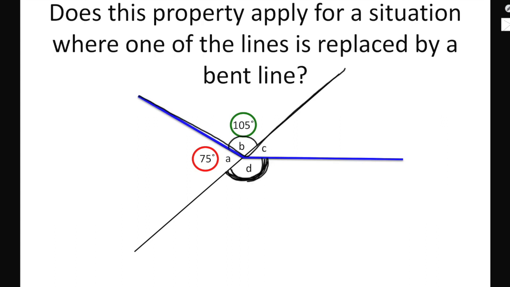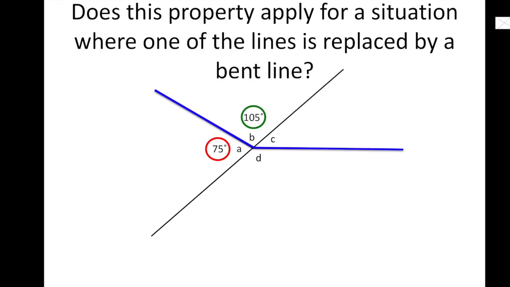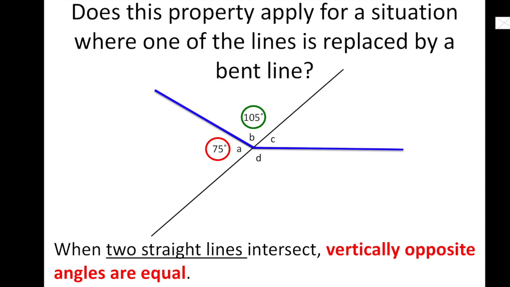So it seems that the same truth does not hold true if these are not two straight lines. So to be more specific with our rule, when two straight lines intersect, vertically opposite angles are equal. This property is true of straight lines only.